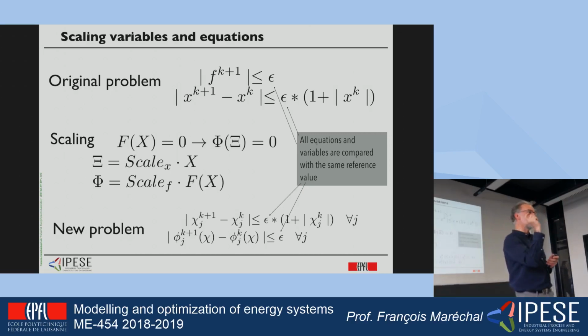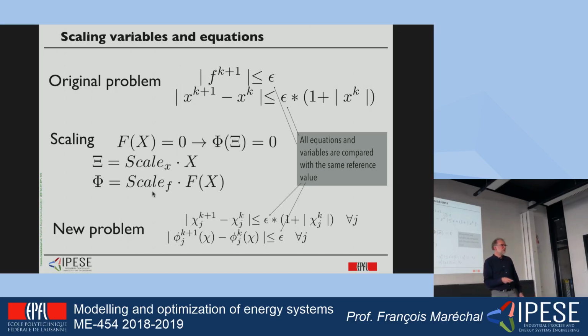Okay, so it means that I'm going to apply a multiplication factor in front of the real value of the function, so that it can be compared to epsilon. And the same for all the variables.